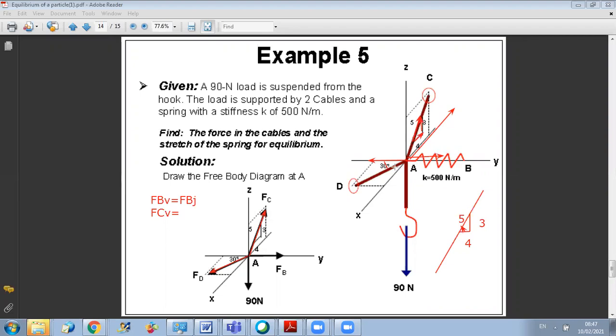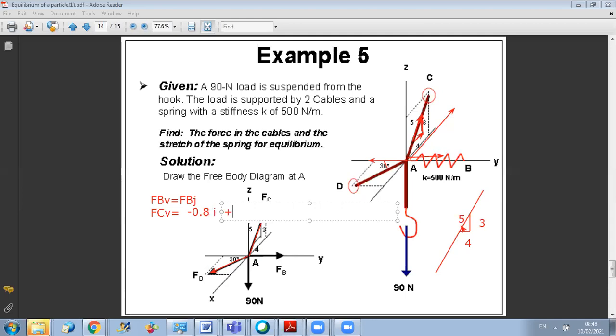So I can say that the FC vector is minus 4 over 5, which is 0.8, along i, okay? While the second component will be along Z. So if I project along Z, I multiply by sine of this angle, which will be 3 over 5, which is 0.6. So plus 0.6.